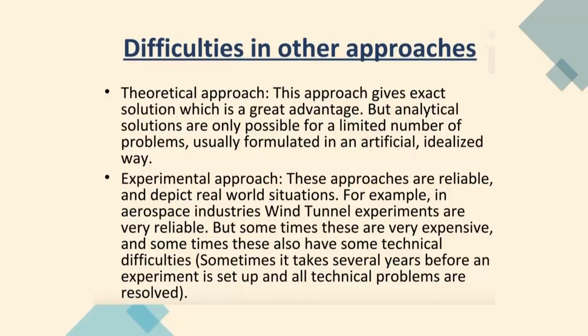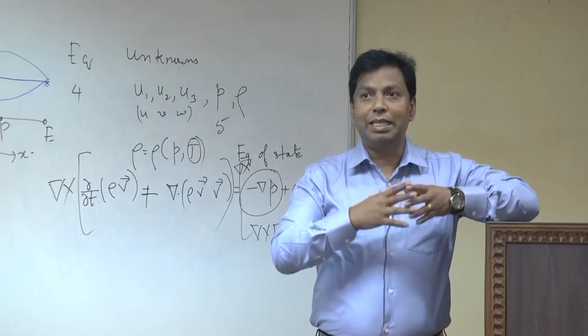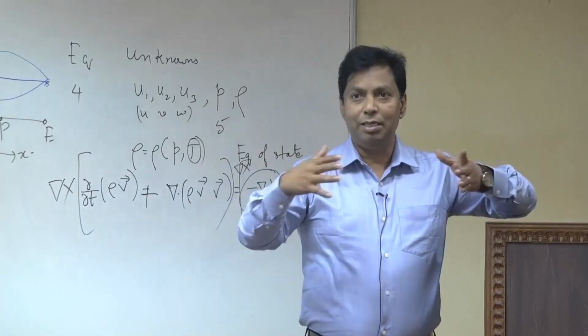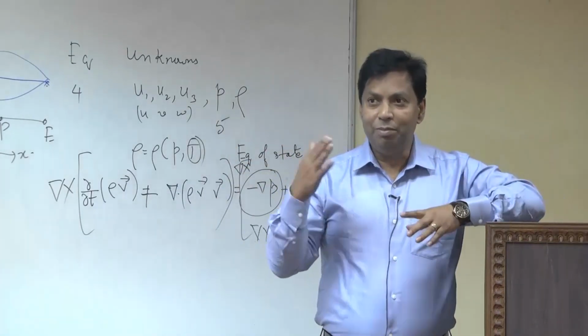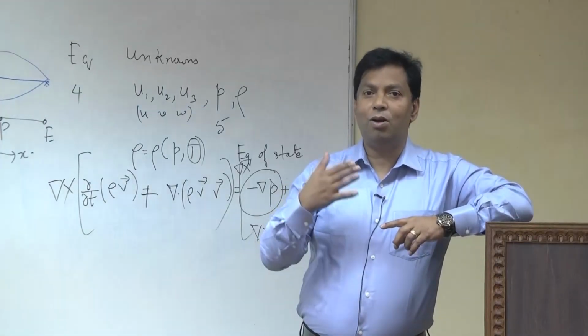And for experiments, as I said, the major challenge is the expense, and the other is that it has a lot of uncertainties. When you set up a numerical model, there is nothing from the environment influencing it. But if you want to do an experimental setup, there are a lot of things affecting it.